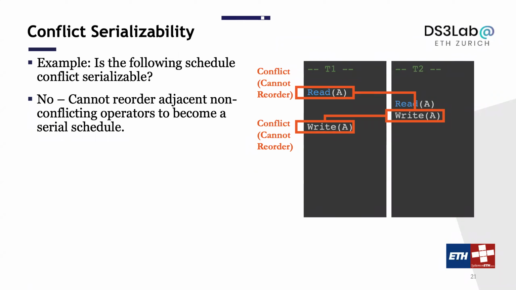There's no way you can swap all those operators to get a serial schedule, because no matter how you swap them, the write A from T2 will always be in the middle. You can never get to a serial schedule by swapping adjacent non-conflicting operators. So this is one example of a schedule that's not conflict serializable.